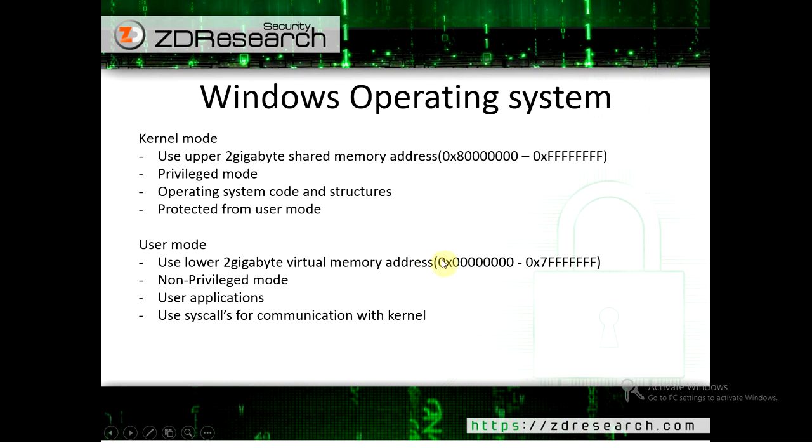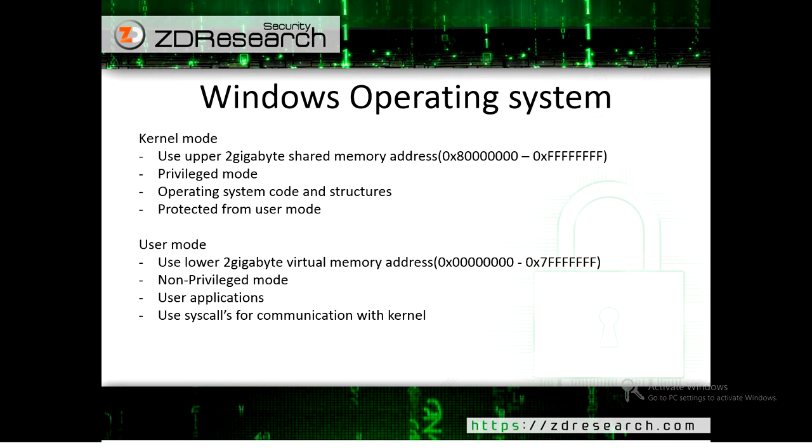For example, when you install some browser application, Chrome browser, Firefox browser, these applications are installed in user mode, so we are less worried about their behavior. But user mode should communicate with kernel mode, and the way user mode communicates with kernel mode is by the help of some user mode APIs that use syscalls to communicate with kernel mode.